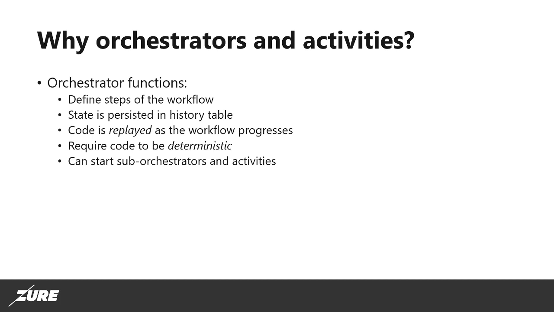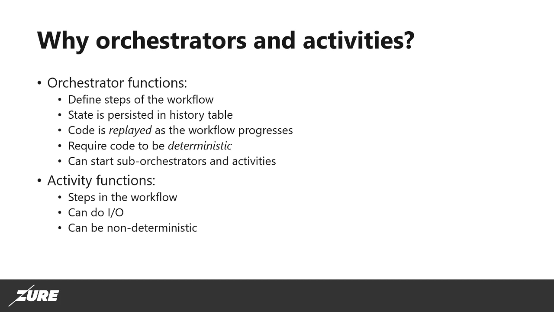An orchestrator function, in addition, can also start sub-orchestrators and activities. Sub-orchestrators are basically other orchestrator functions which do some kind of sub-process, and activities are your steps in the workflow. They are allowed to do I/O, they are allowed to be non-deterministic, they can do basically anything that a normal Azure function could do.